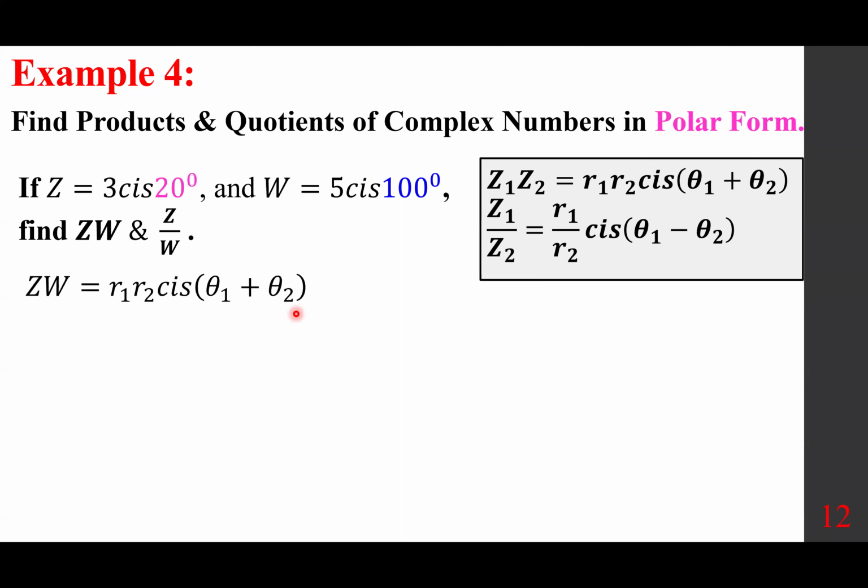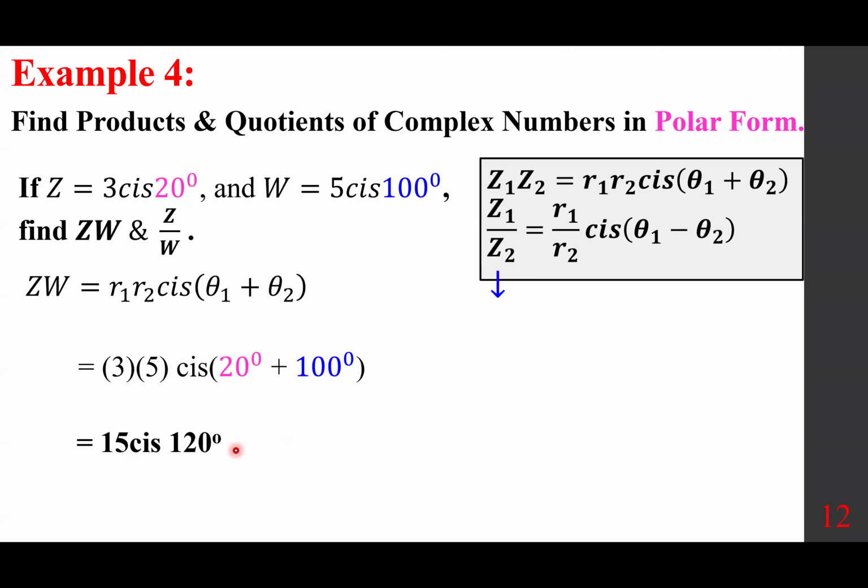Therefore, it's 3 times 5 cis 20 plus 100, according to the formula, and we have already proved that. So this is 15 cis 120 degrees. And we don't have to continue because we want it in polar format. We found it, we are done. Of course, this means 15 cosine 120 degrees plus I sine 120 degrees. This is a shorthand notation.